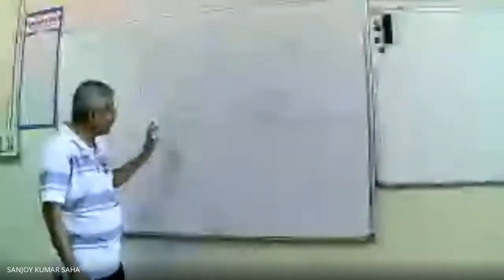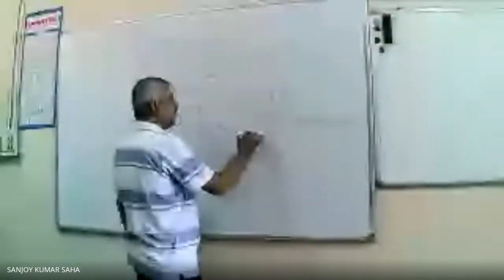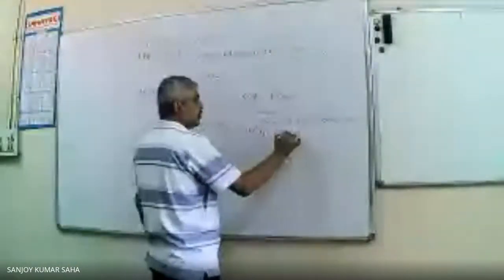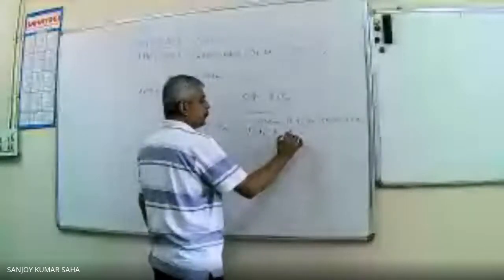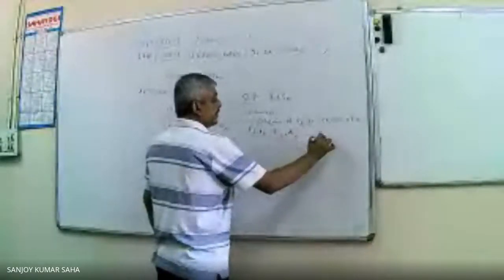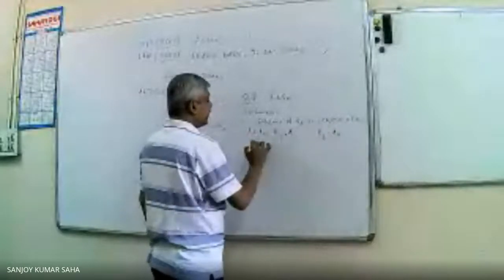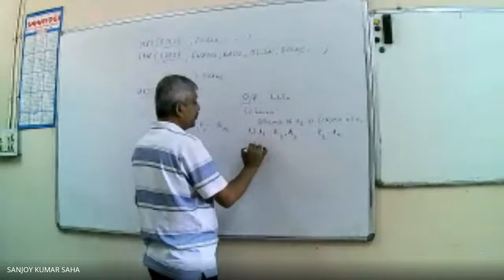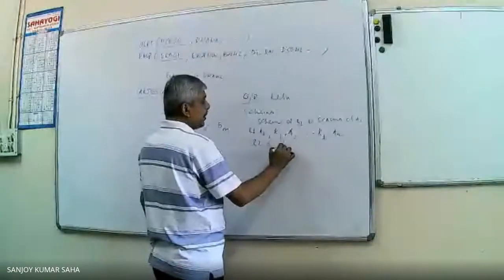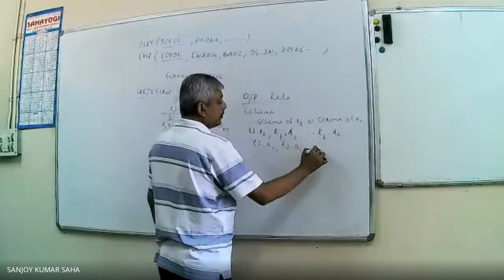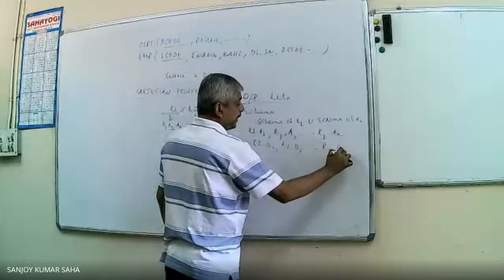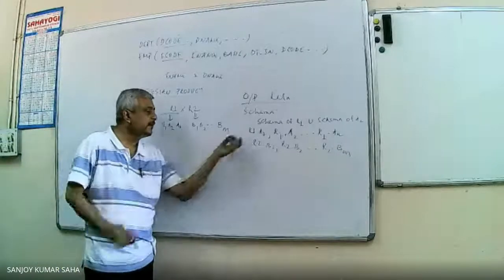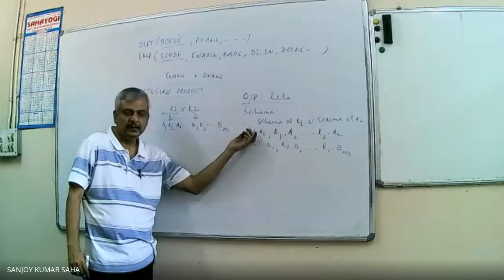No. In generic form, the attributes are R1.A1, R1.A2, this way R1.AN. Similarly, R2.B1, R2.B2, R2.BN. So implicitly there is a qualifier.